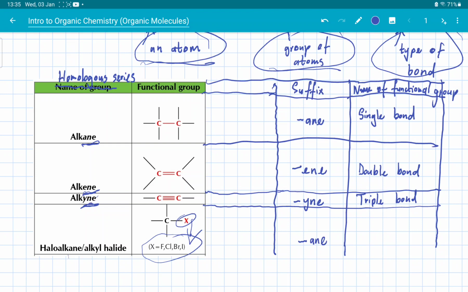It must have single bonds, but also a halogen. That halogen, we're just going to name it as the functional group there, because it's the most recognizable thing there. The atom is a halogen, but the type of bond is the single bond.